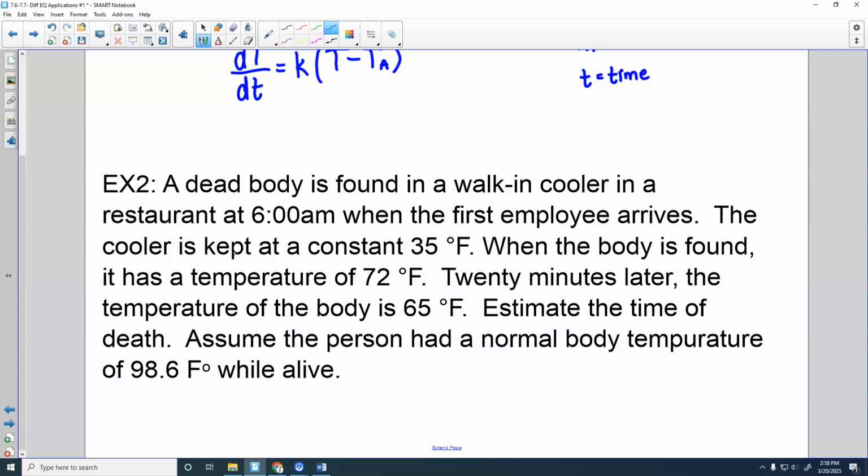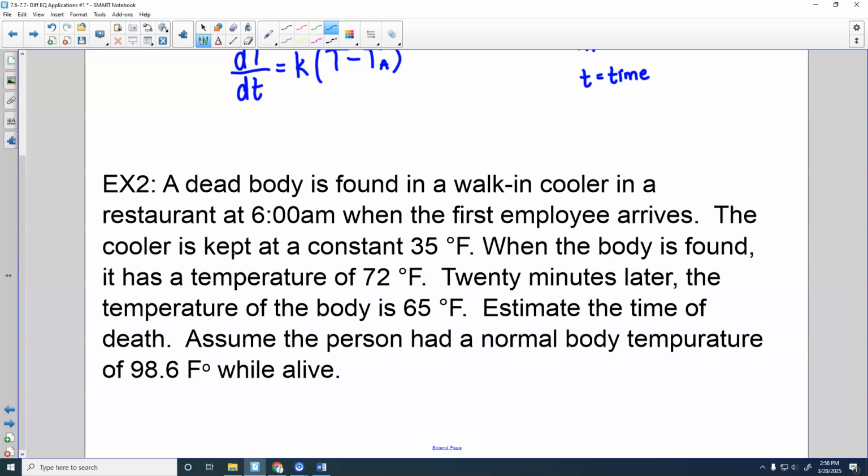The cooler is kept at a constant 35 degrees Fahrenheit. When the body is found, it has a temperature of 72 degrees Fahrenheit. 20 minutes later, the temperature of the body is 65 degrees Fahrenheit. Estimate the time of death. Assume the person had a normal body temperature of 98.6 degrees Fahrenheit while alive.